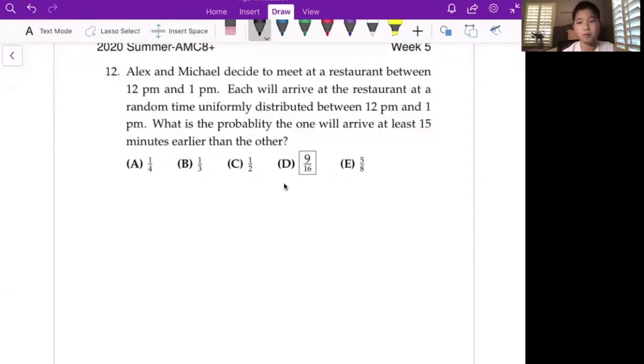Why? Well, think about it. Normally in probability or counting problems, there are a limited amount of choices you can make. But here, it isn't.